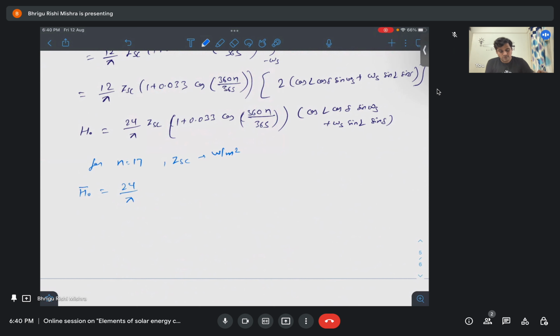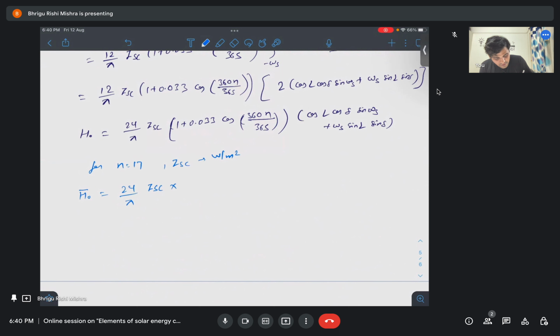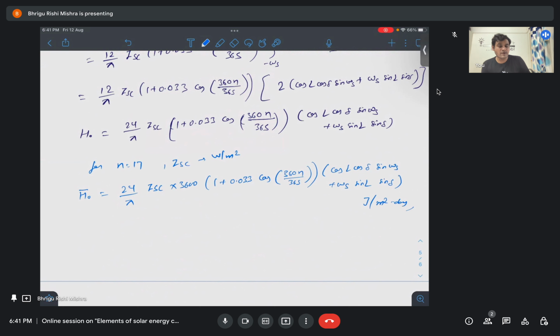So in joule per meter square per day, it will be 24 by pi into I_SC into 3600, (1 + 0.033 cos(360n/365)) (cos L cos delta sin omega s + omega s sin L sin delta), which is in joule per meter square per day.